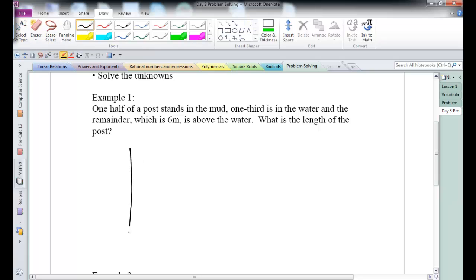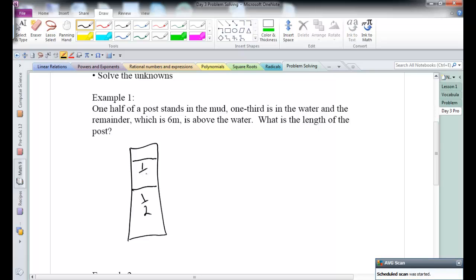And we've got a post, like that, and half of it is in the mud, and 1/3, so about that much, is in the water, and the rest, which is 6 meters, is above water. So once you have this diagram, see if you can write an equation.